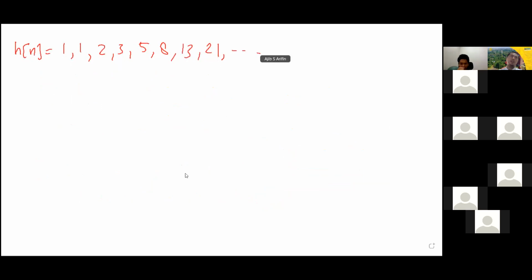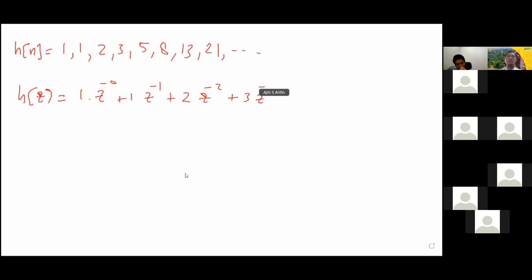So in this case, we can write the Z transform as 1 Z minus 0 plus 1 Z minus 1 plus 2 Z minus 2 plus 3 Z minus 3, plus 5 Z minus 4 plus, and so on and so on, and this is infinity.